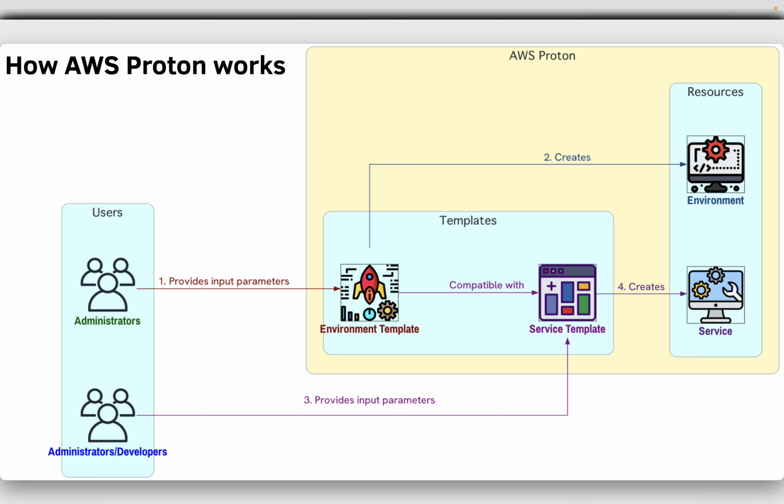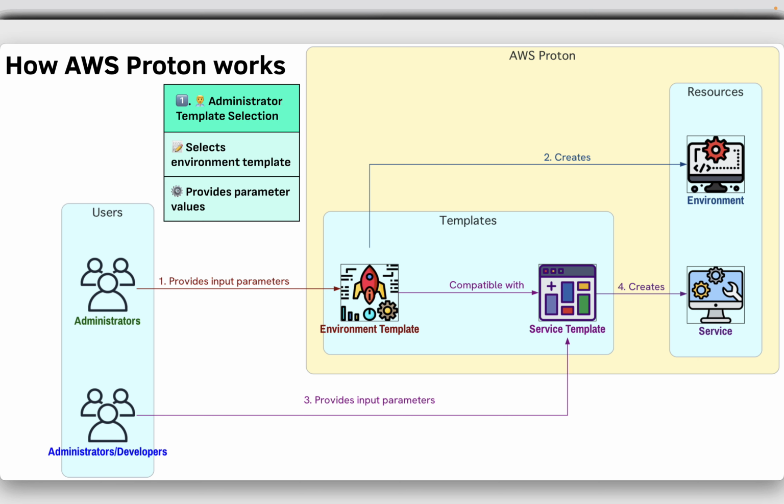So now this is a bit of repetition, but just to make it very clear, this is basically the terminology and workflow. So this is just going a bit deeper. So how this works step by step. When you as an administrator select an environment template with AWS Proton, you provide values for the required input parameters. AWS Proton uses the environment template and parameter values to provision your environment.